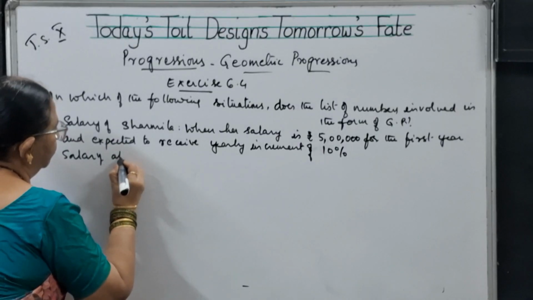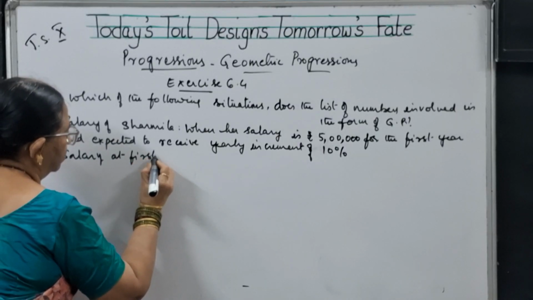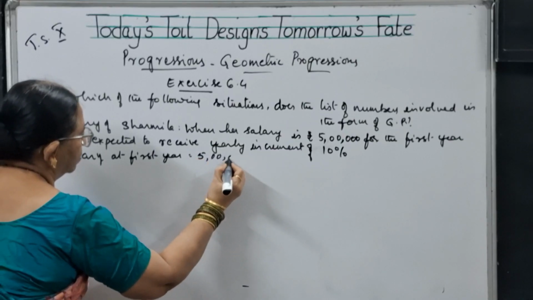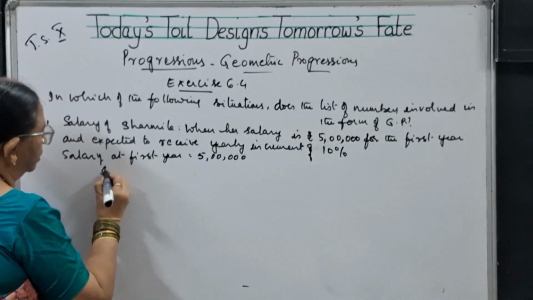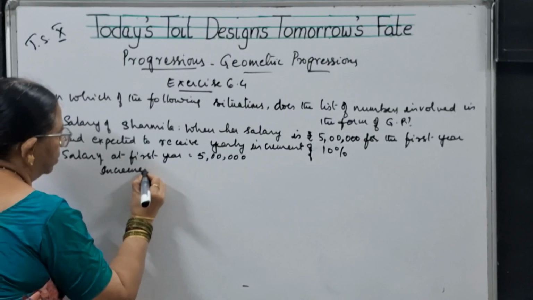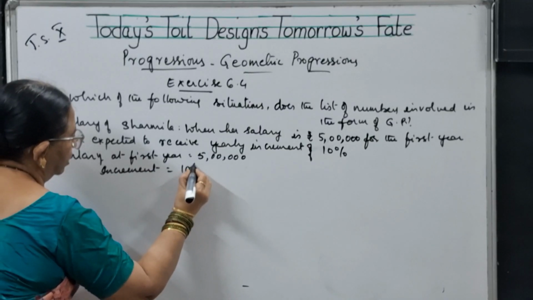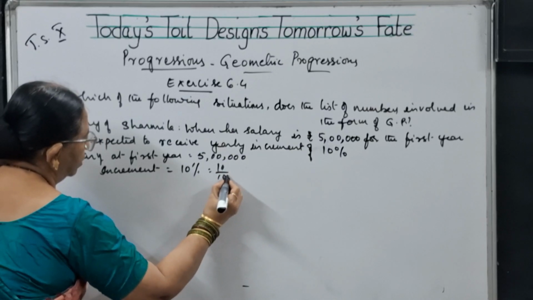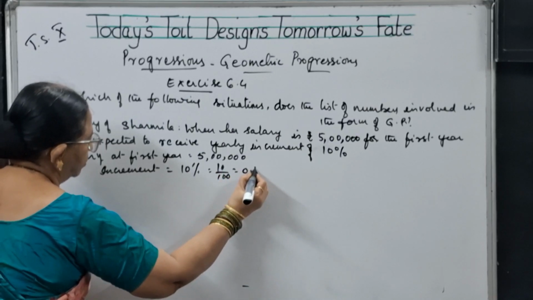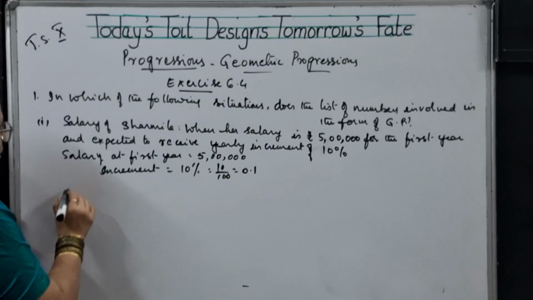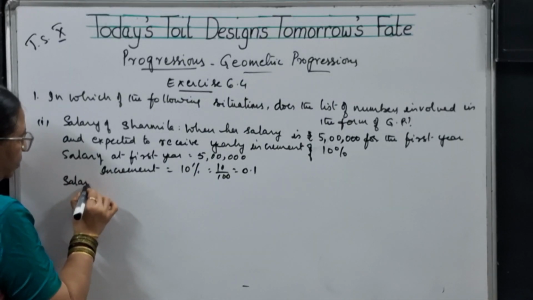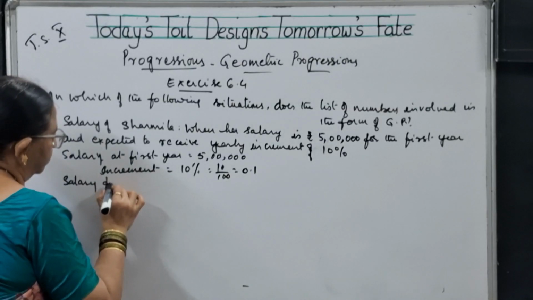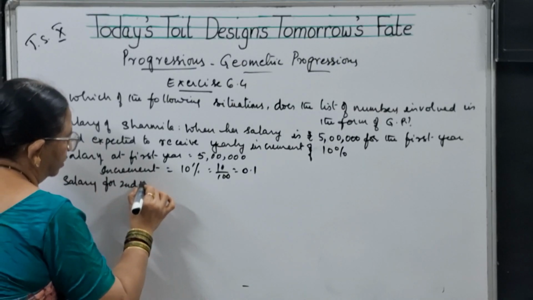So salary at first year is equal to 5 lakhs. Then what is the increment? Increment is 10%. 10% can be written as 10 by 100, that is 0.1. So we need to find out the salary for the second year.